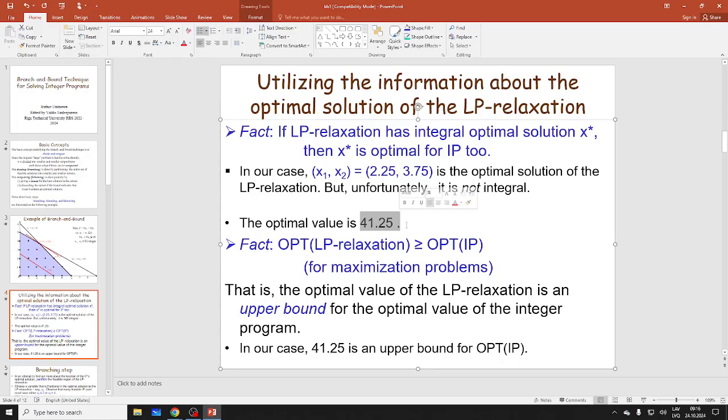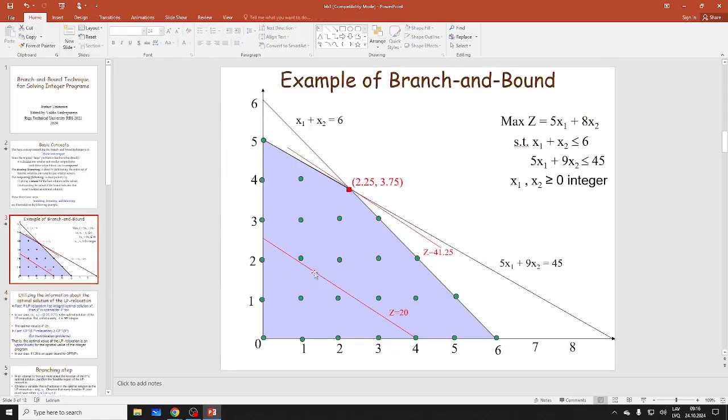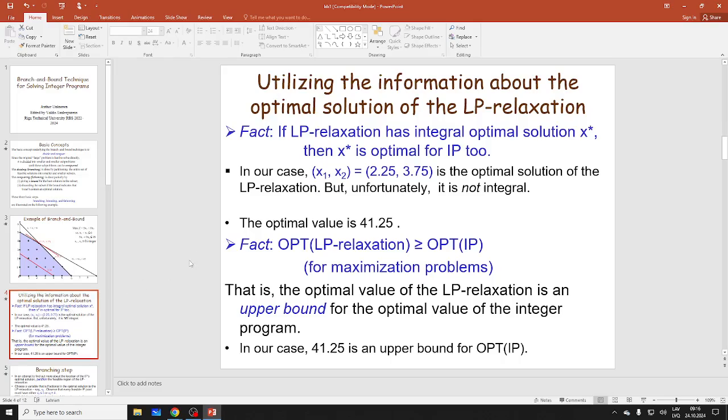This is our upper bound. No matter how well we do, no matter what kind of integers we find, they're not going to be better than this, because this is how we found this. So we start by solving the integer problem by solving the regular floating point problem. You try to maximize in this case, so upper bound.